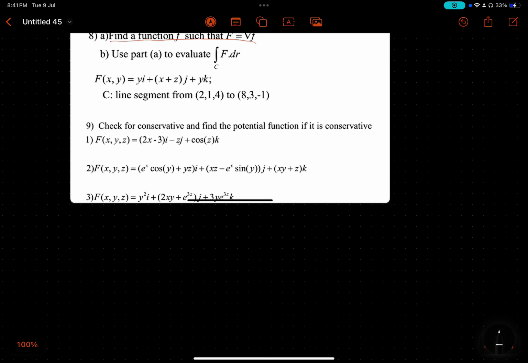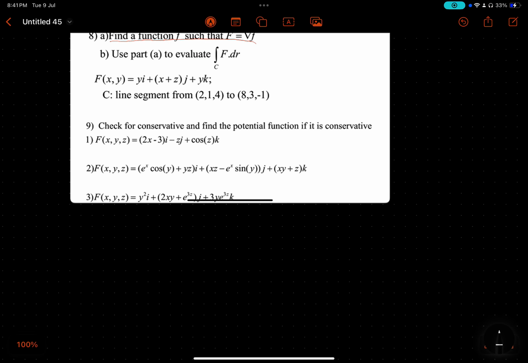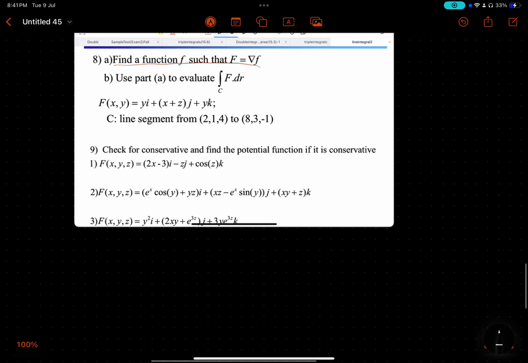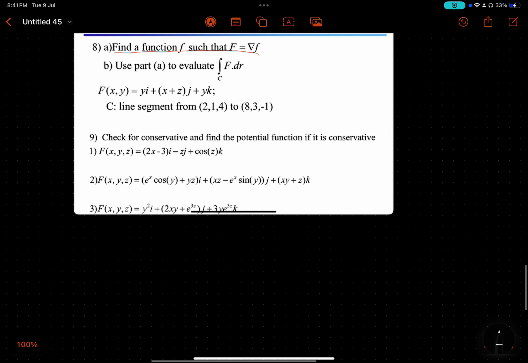Okay, so let's do this. Let's finish our last example. Okay, so we have our function f of xyz equals yi plus (x plus z)j plus yk.